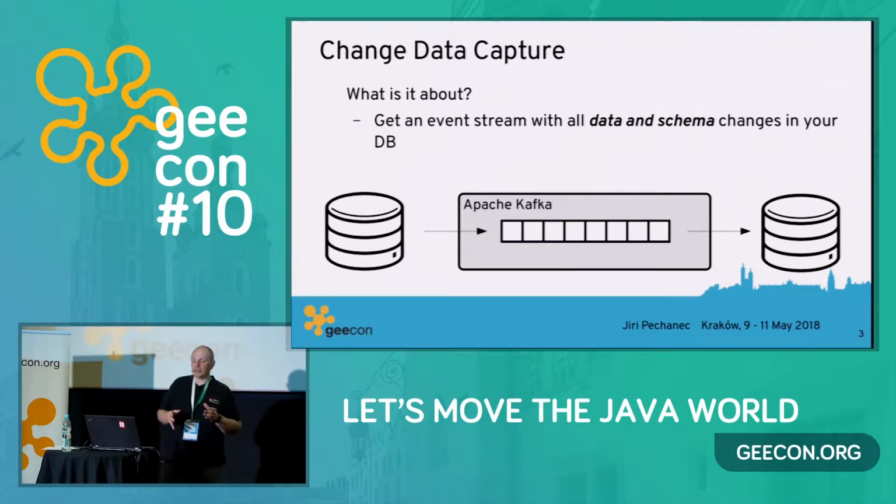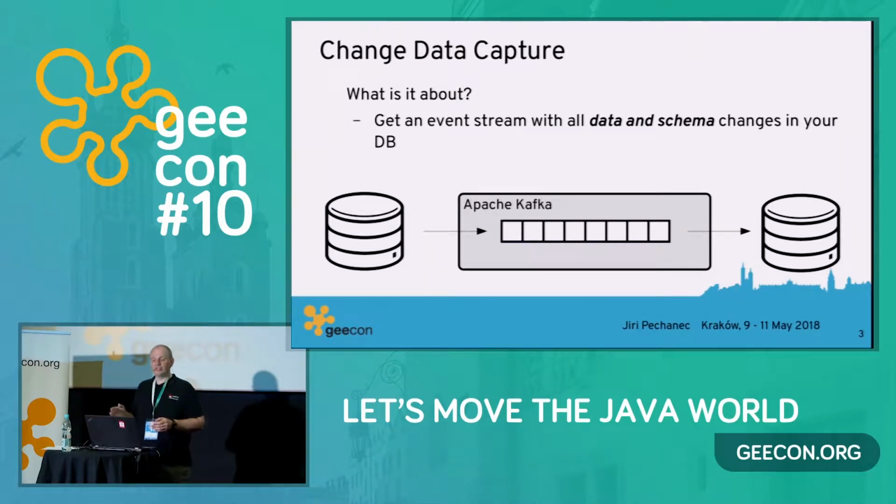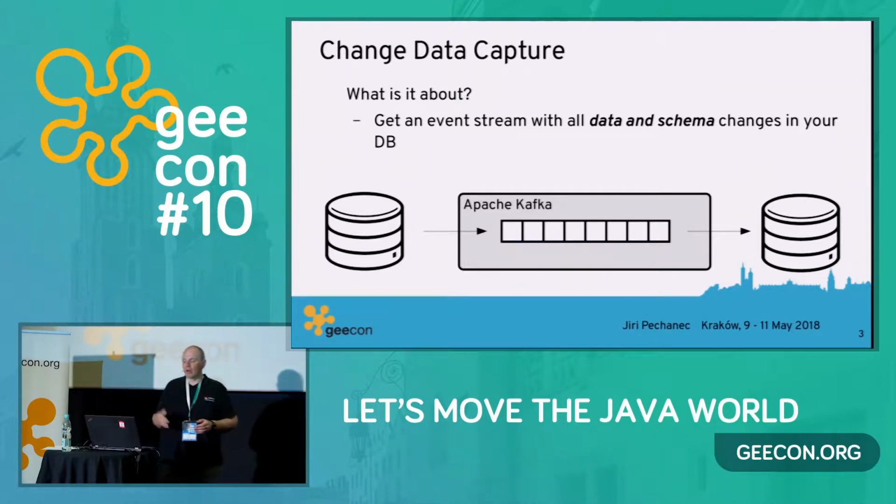Here on this picture, we have an example of a source database that streams changes into an Apache Kafka broker, which are then read and synchronized to another database.